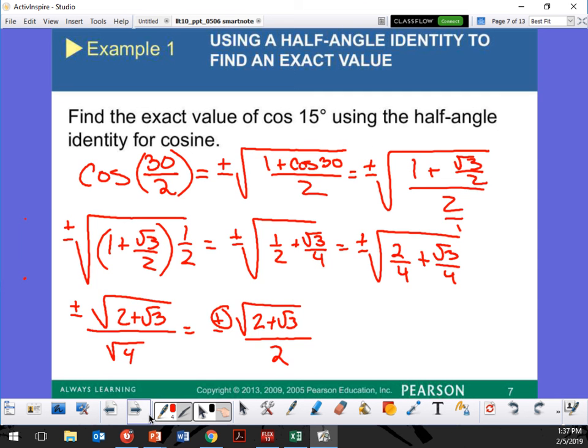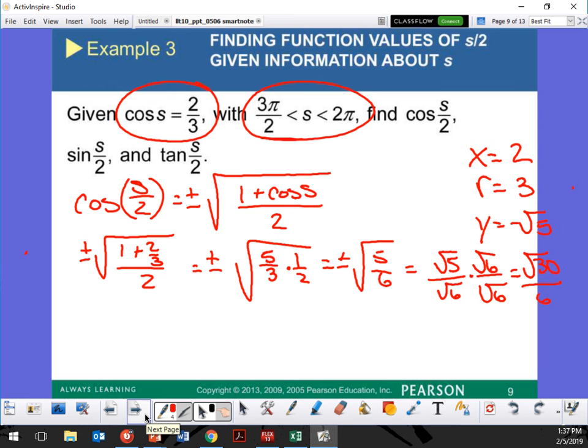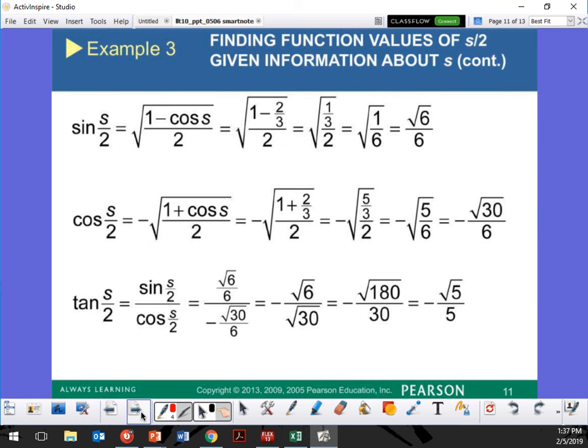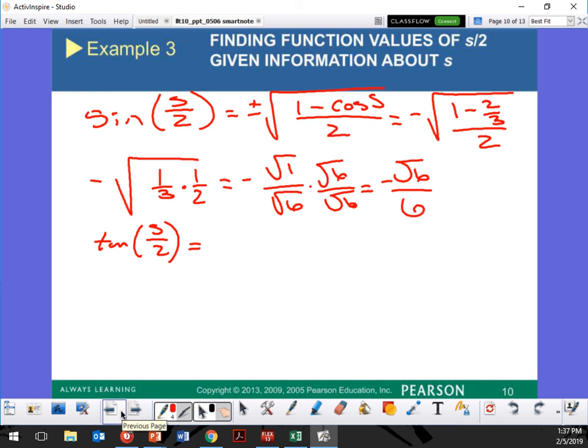So we know that my sine is going to be negative rad 5 over 3, right? So it's going to be 1 minus cosine, which is 2 over 3, divided by sine, which is negative rad 5 over 3. Let's start by multiplying everything by the common denominator, which is 3.